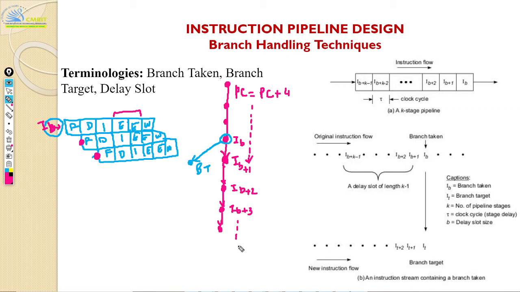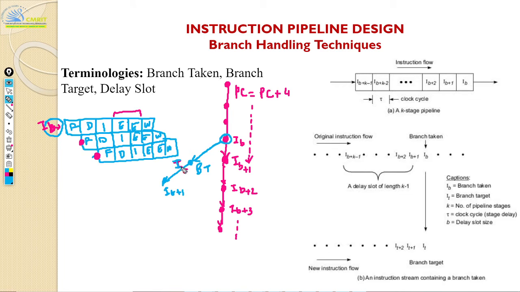However, if the branch is taken, then you will actually have to fetch a new target instruction. That is called IT, instruction target, and this will have its own flow. So you're going to have IT, and then here it's going to be IT plus 1.